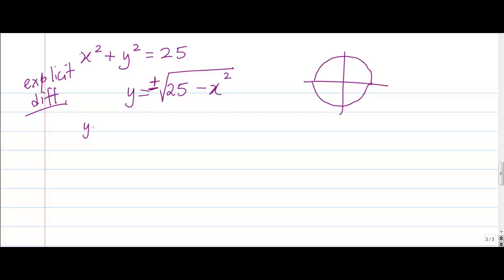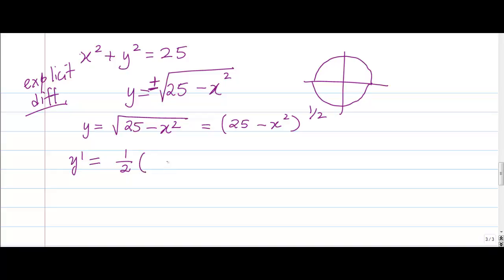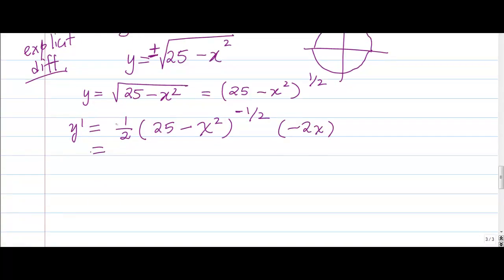So let me just look at the square root, the positive side, the top half. And this we can write as 25 minus x squared raised to the 1/2. And then if I wanted to take the derivative of this, y prime, 1/2 comes out front. And we get 25 minus x squared raised to the negative 1/2 times the derivative of the inside, which is minus 2x. Okay? And then if I simplify this, the 25 minus x squared raised to the negative 1/2 becomes the square root of 25 minus x squared on the bottom.